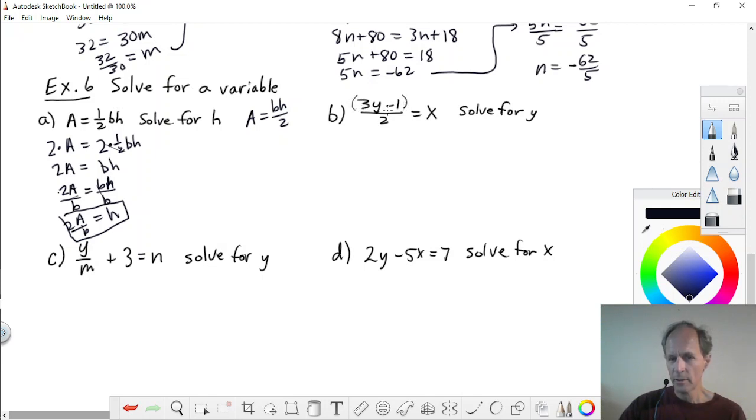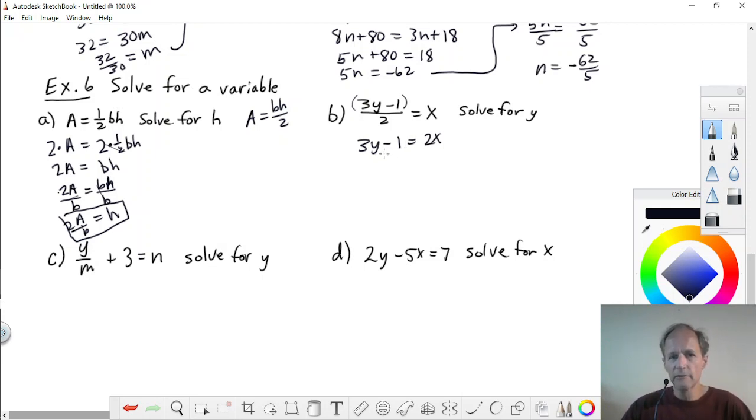Remember, the bar is a grouping symbol. We can't do anything inside the parentheses, so the first thing we do is get rid of the 2, multiply both sides by 2. So we'll do that in our head. On the left it will just cancel and leave 3y minus 1. On the right we'll have 2x. So we got rid of the 2.